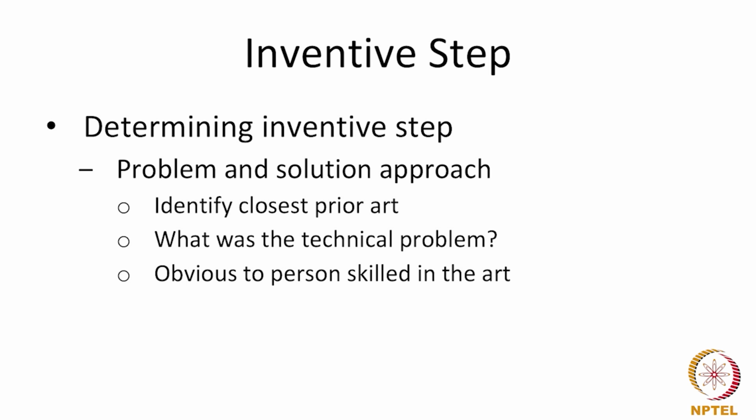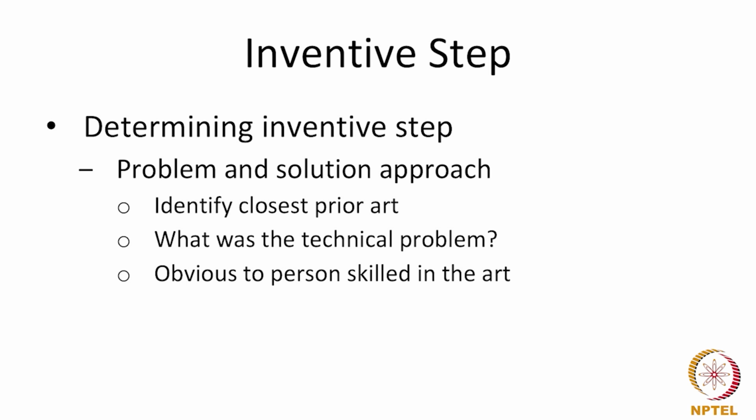So, the problem solution approach helps us to avoid hindsight, and that is a great way in which patents can be drafted, because in drafting, when you use the problem solution approach, you are actually eliminating the possibility of hindsight creeping in. Avoiding hindsight means that obviousness should be analyzed based on the prior art without any knowledge of the invention.